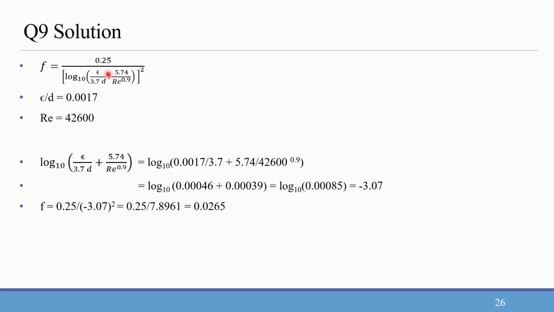And f is equal to 0.25 divided by minus 3.07 the whole square. So minus 3.07 the whole square is 9.4249.